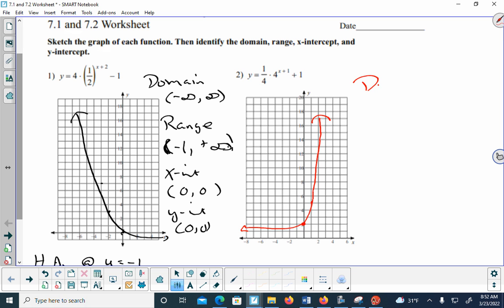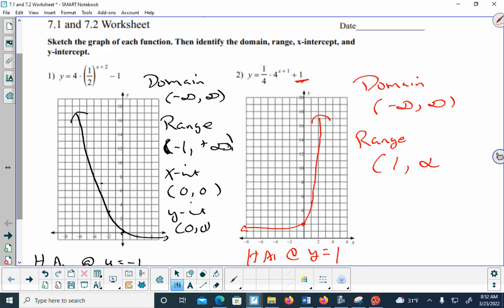My domain is going to be all the numbers. For my range, I'm hoping you realize that you had a horizontal asymptote at y equals 1, so my range is going to be 1 to infinity.